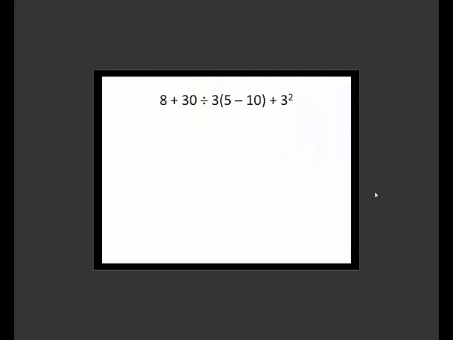Let's do a numerical expression as an example. So we're going to simplify 8 plus 30 divided by 3 times the quantity 5 minus 10 plus 3 squared. Now I'm going to keep the word PEMDAS over there to the right as a reminder of what to do. Now, we see the P first, so we're going to do just the parentheses.